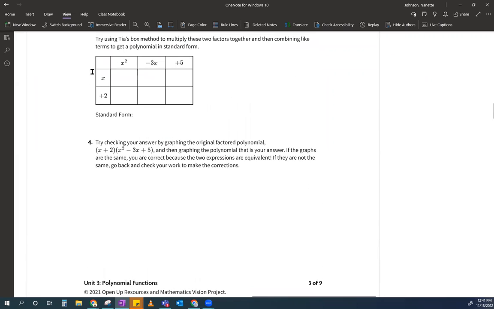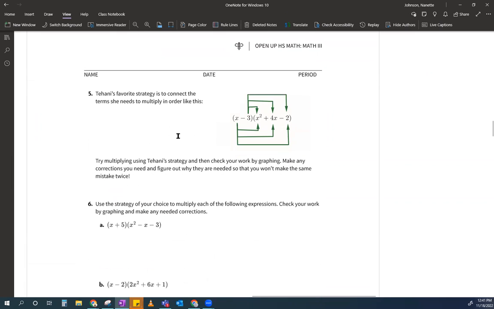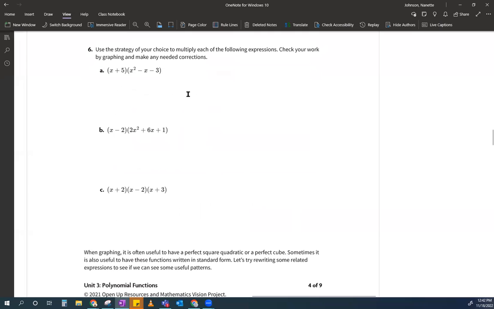Here, we organized it in almost like a table format. Mrs. Johnson's favorite, right? She loves tables. And then here, Tahani is just ignoring the -3 and then distributing. And then ignoring the x and then distributing, right? So then you have a choice, like which way ended up being your favorite. Great, use that way. Okay.